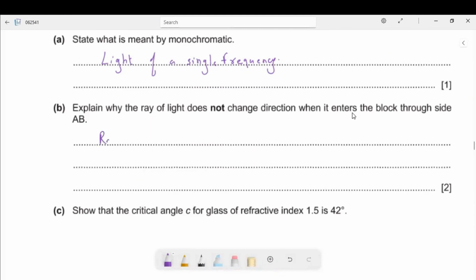As the ray is incident along the normal, there is no angle of incidence and refraction.